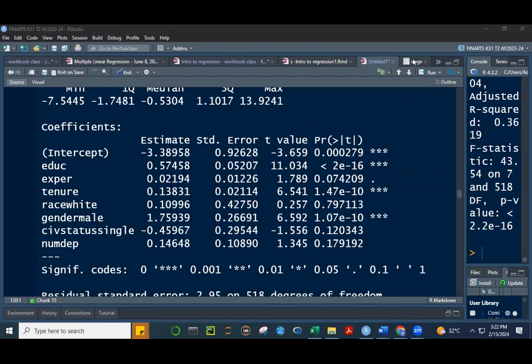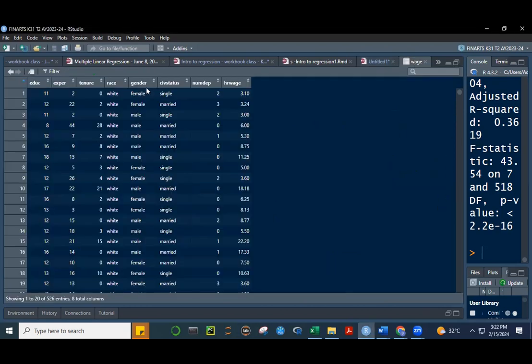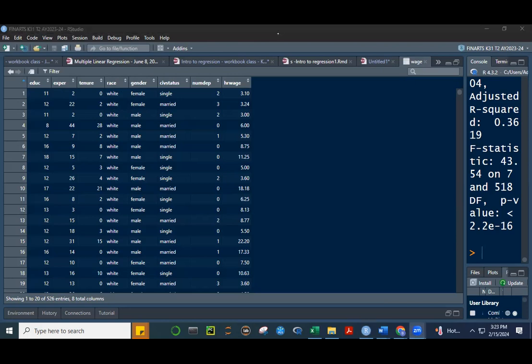Okay, let me go here. So I said a while ago about the alphabetization. Here, non-white comes first, before white. So what does R do?